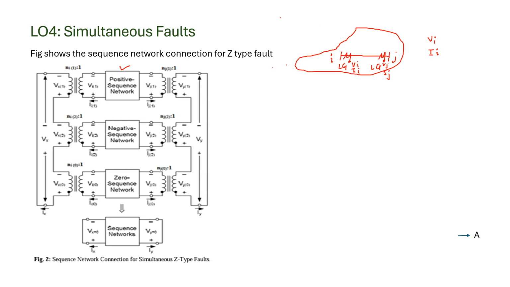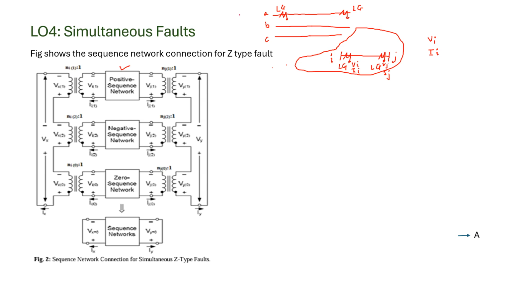Now suppose I consider that there are three lines, and I will take it here. It has A line, B line, and C line. Now the fault is an LG fault. LG fault is taken at the ith bus, and the LG fault is also taken at the same, at both the locations. It is taken on line A only. Let us start with that.